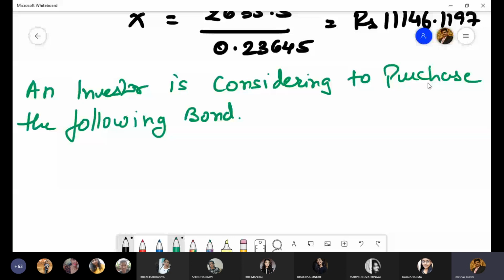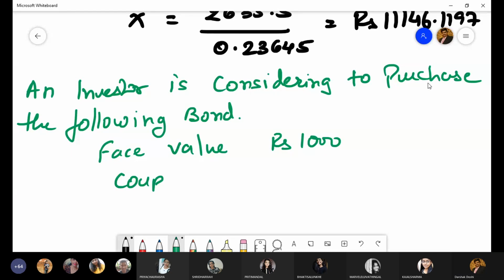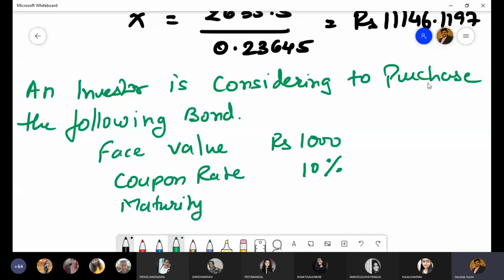Face value rupees 1000, coupon rate 10%, maturity at par 4 years.